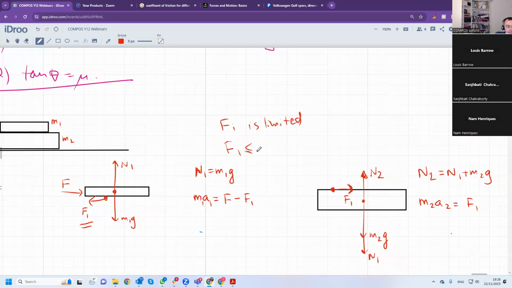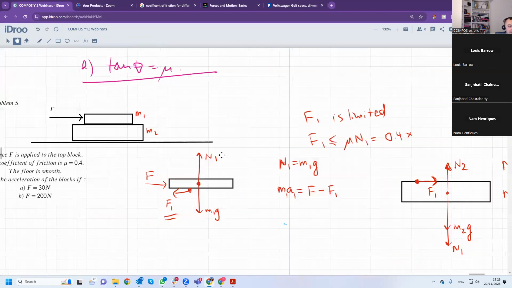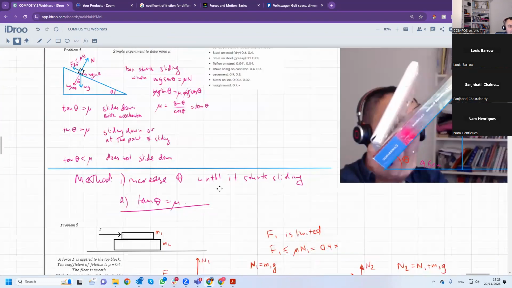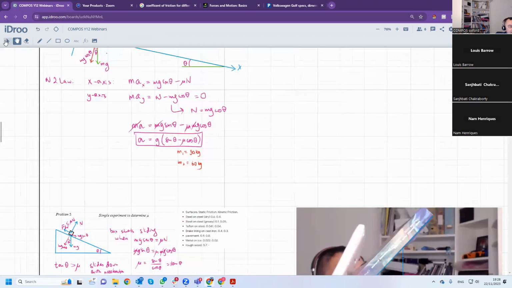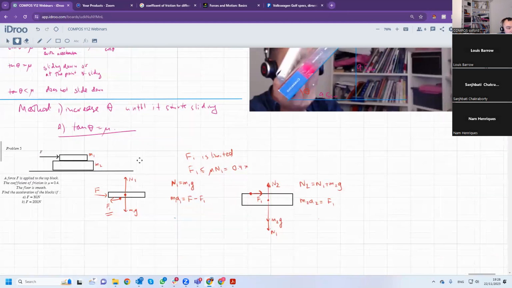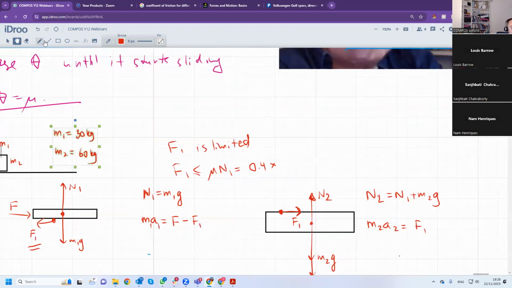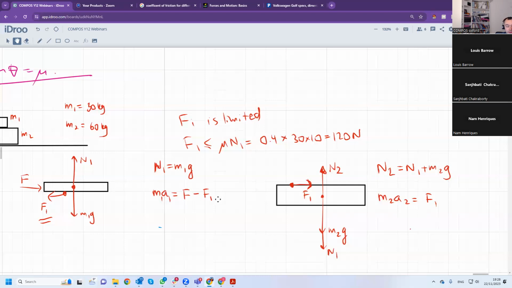F1 has to be less than or equal to mu N1, which is 0.4 multiplied by the boxes, which are 30 kilograms and 60 kilograms, times 10, which is 120 newtons. So the maximum friction force is 120 newtons.